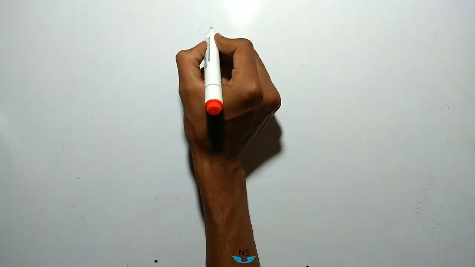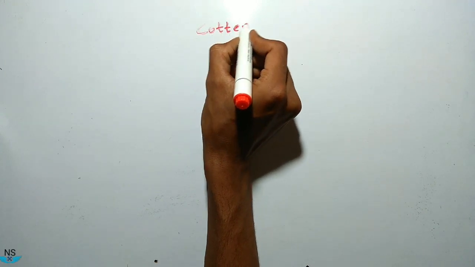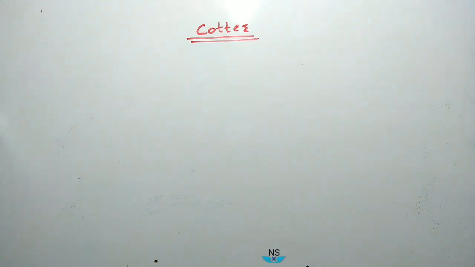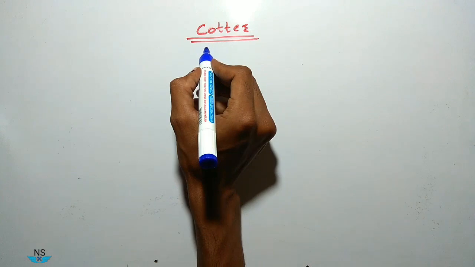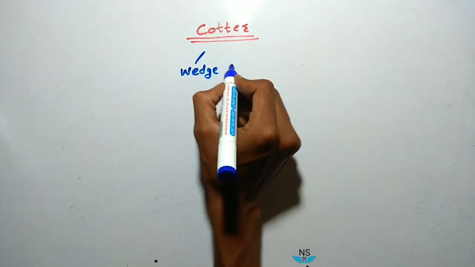So what is meant by cotter? A cotter is a wedge shaped piece made up of steel plate.